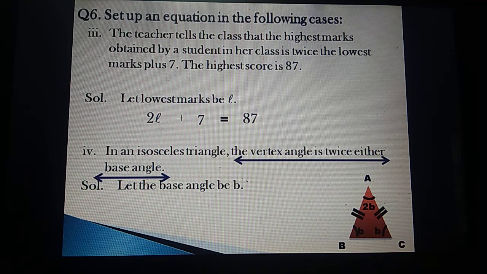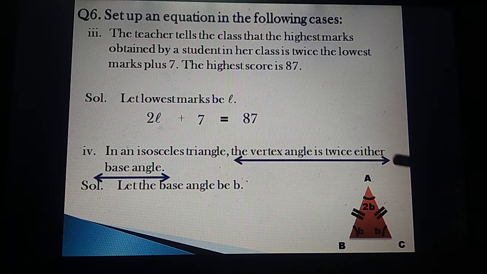Now, how will you relate them? To relate these three angles, we will use the angle sum property. The angle sum property means when you add all the angles of a triangle, you will get 180. So as per the angle sum property, you will add all the three angles.